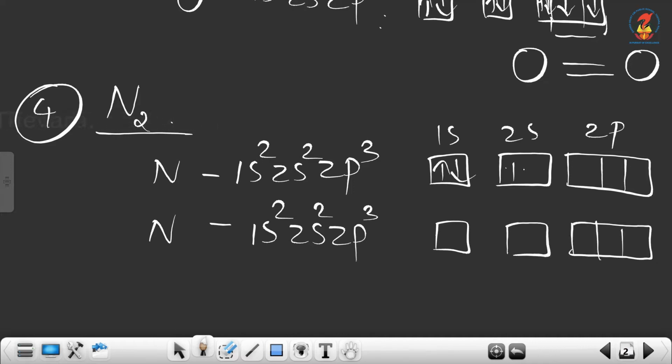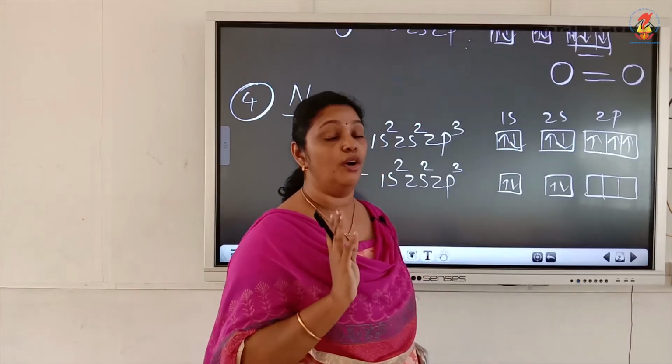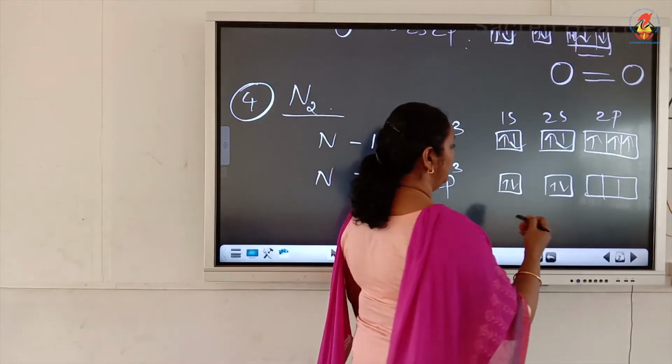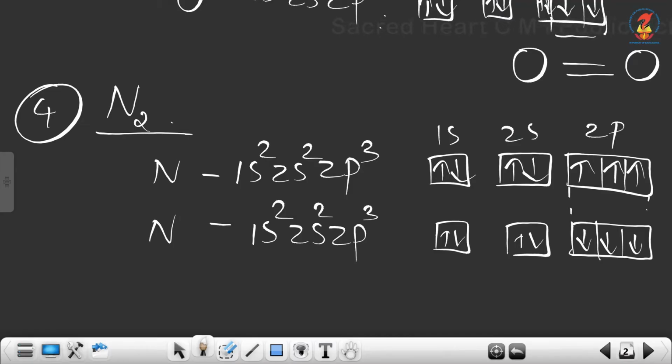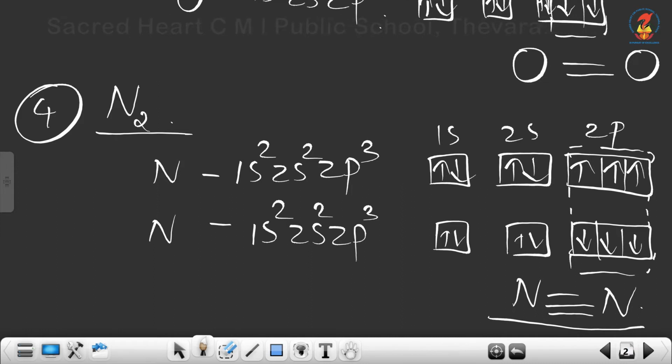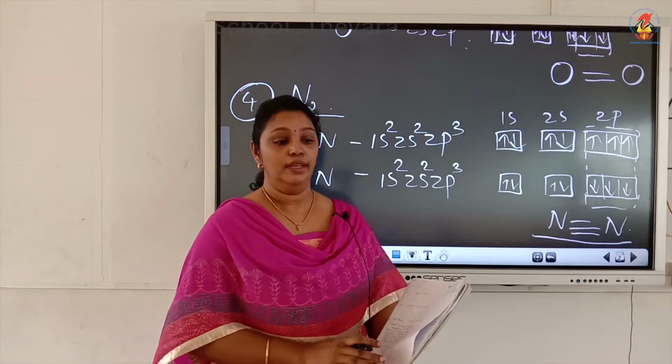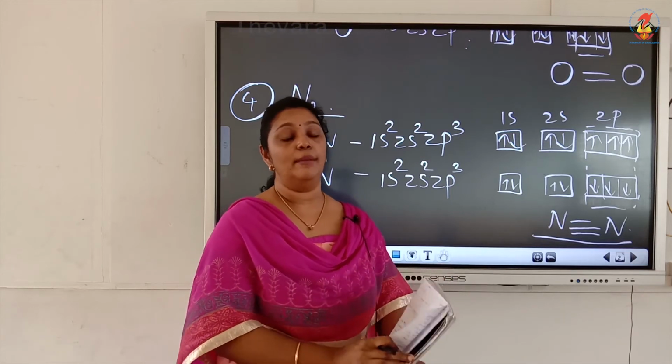You can see there are three 2p orbitals half filled. So when you draw the electrons of the second nitrogen, you show them with opposite spin. Now show the overlapping, and you can see nitrogen molecule exists as N triple bond N, because there are three half-filled orbitals overlapping. Okay, so this is orbital overlap concept.